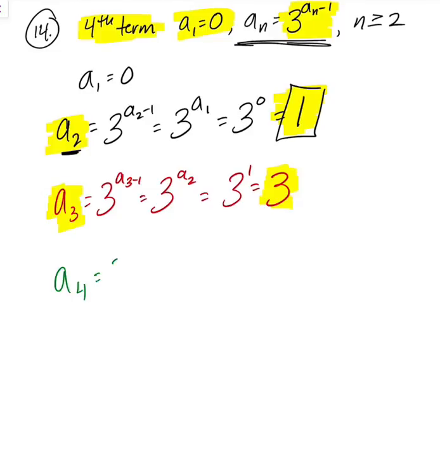So that's 3 to the power of a sub 4 minus 1, which is 3 to the power of a sub 3, which I know is 3, so that equals 27. And that's it. That's the value of my fourth term, and that's what number 14 was asking me to do.